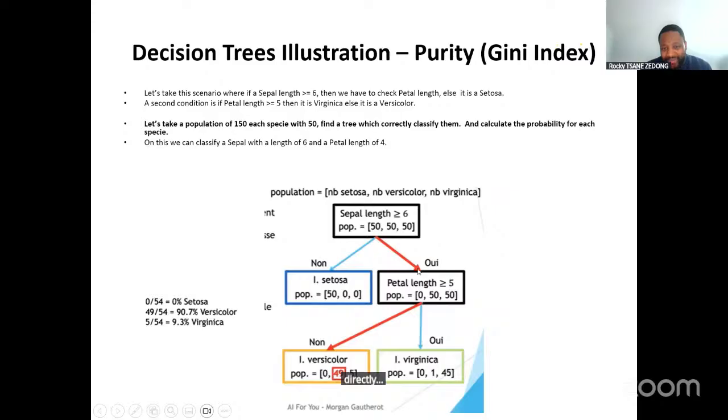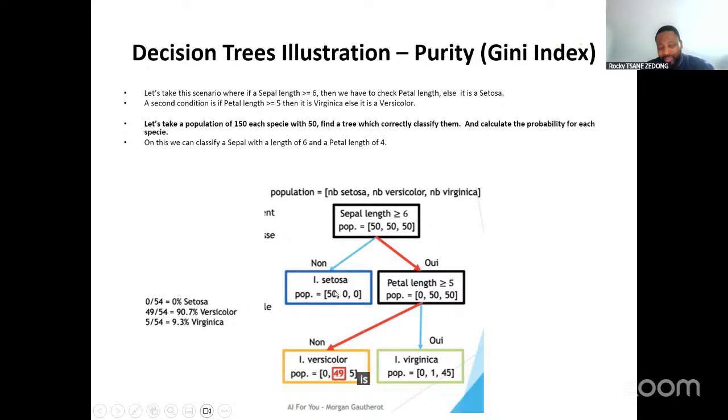If we take the population, for setosa, it's classified here.